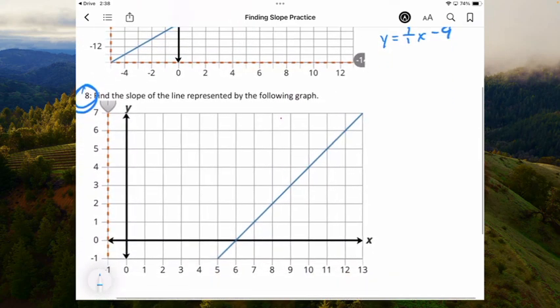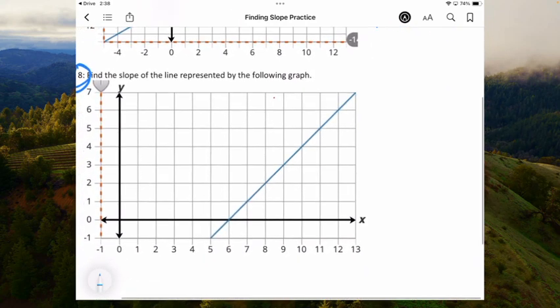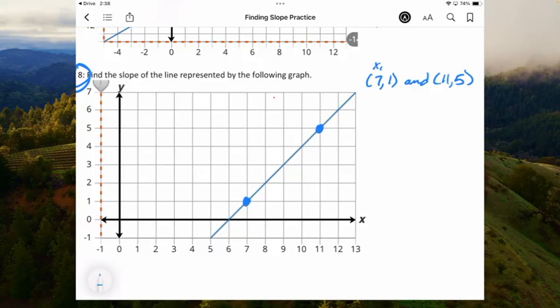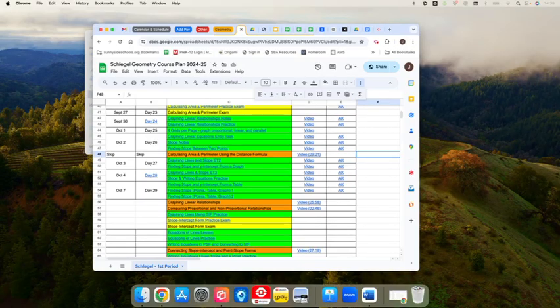No equation for this one because we cannot see what the y-intercept is, so I will just randomly choose 2 points. I'll choose 7, 1 and 11, 5. x1, y1, x2, y2. My iPad disappeared, I'll be right back.